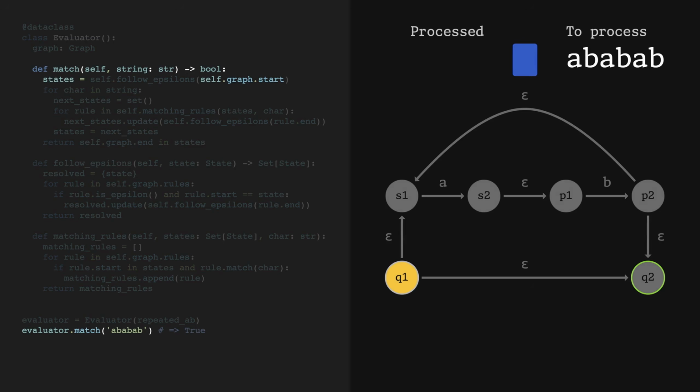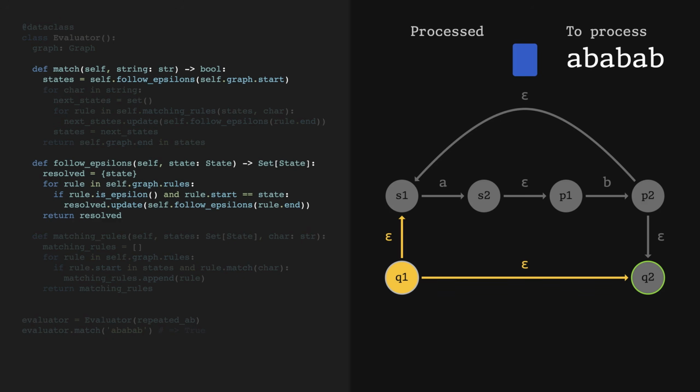Our starting state is the graph starting state, Q1. We immediately execute a helper method, follow epsilons, on that starting state. This method finds all the states we could reach if we followed the epsilon transitions from a given starting state. The sharp-eyed amongst you may have noticed that it also includes the starting state, and indeed it actually returns all states that could be active even if we didn't follow every epsilon we could.